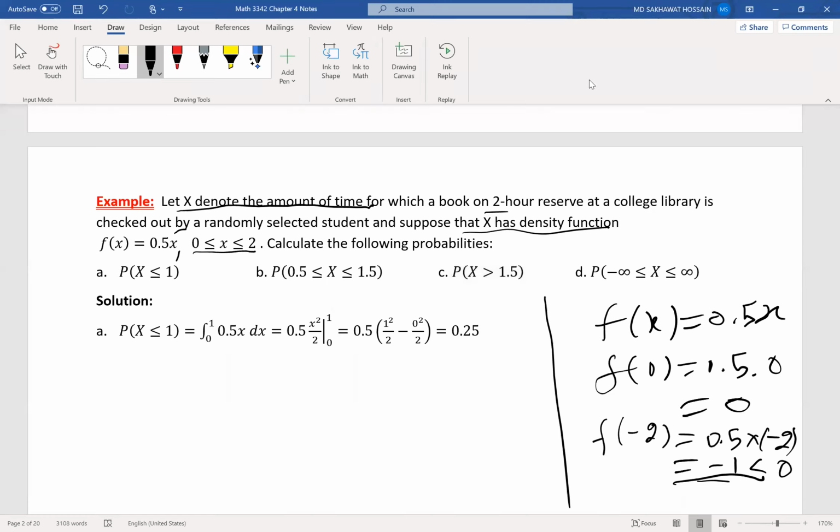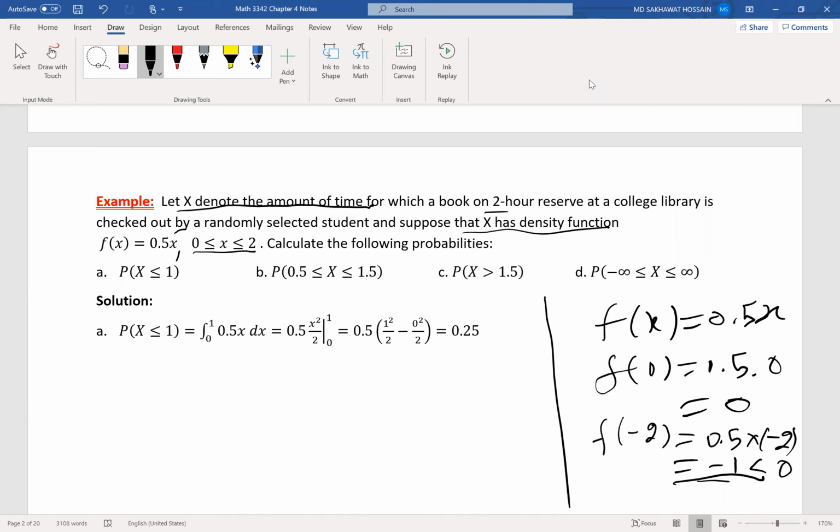Okay, the thing is that the probability function will be defined for particular values of x. And for the other values for which the function is not defined, you have to consider that the functional value is 0.